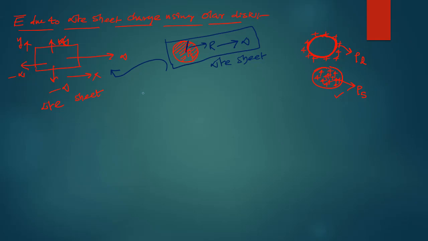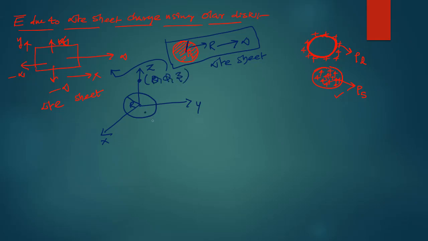Now we will take the related diagram here. We are placing this circular disc of finite radius r on the xy plane, and we need to find the electric field due to the circular disc at the point on the z axis, that is (0, 0, z).